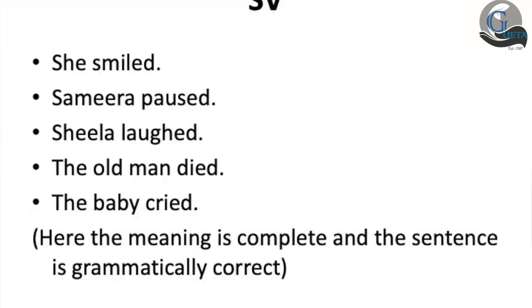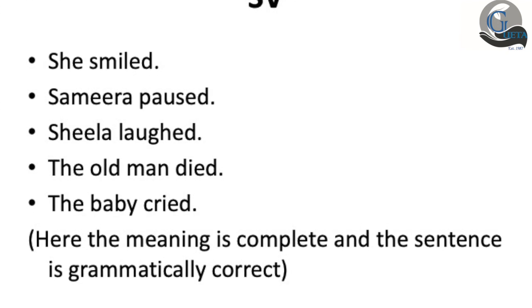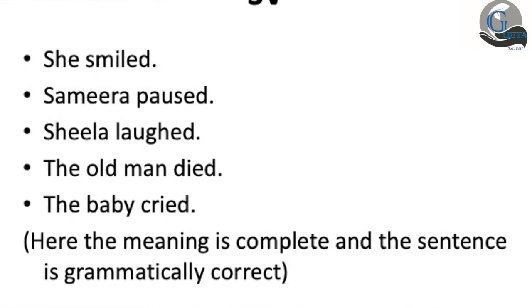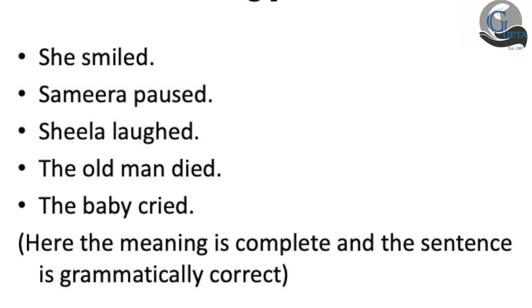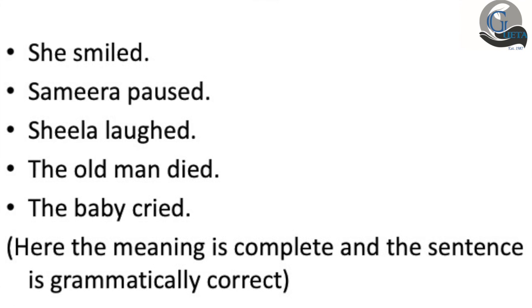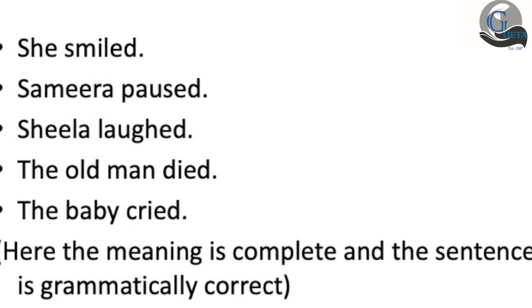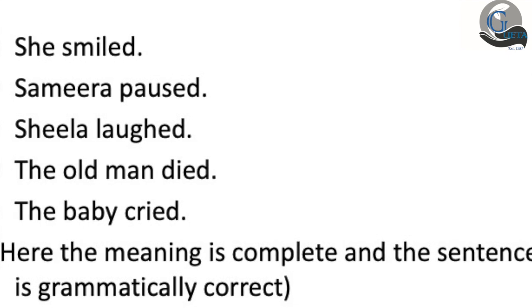There's a subject and there's a verb, but there's no object, there's no 2 objects, there's no complement, etc. These are sentences like, she smiled. Samira paused. Nishita laughed. The old man died, etc., etc.